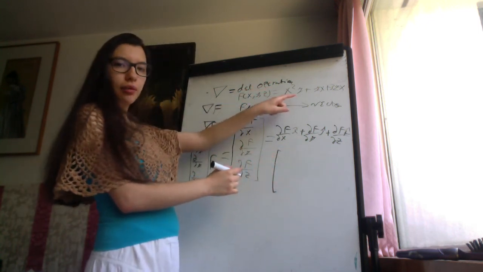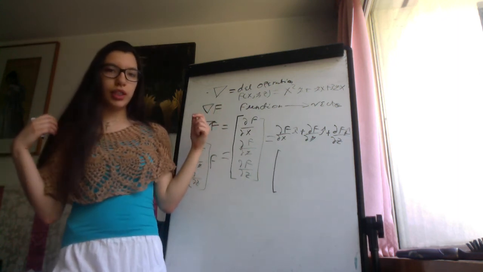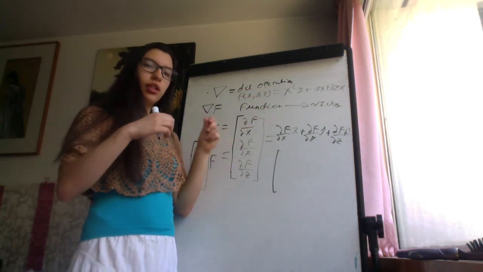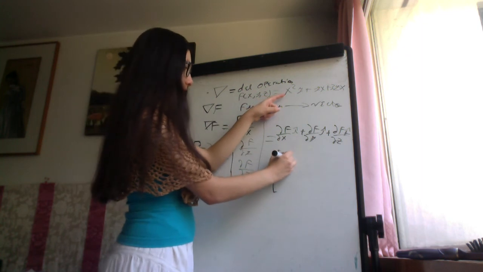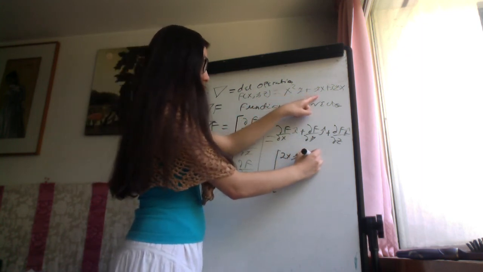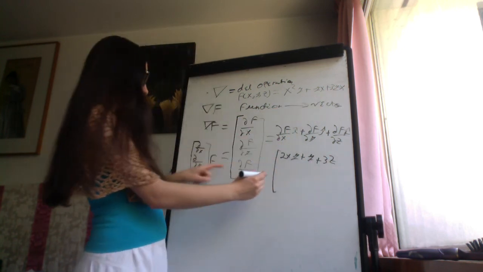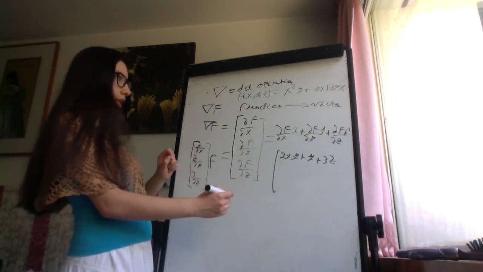Remember that in the partial derivative, as if we are taking the partial derivative of x, we take y and z as constant, and so we only have 2xy plus y plus 3z.